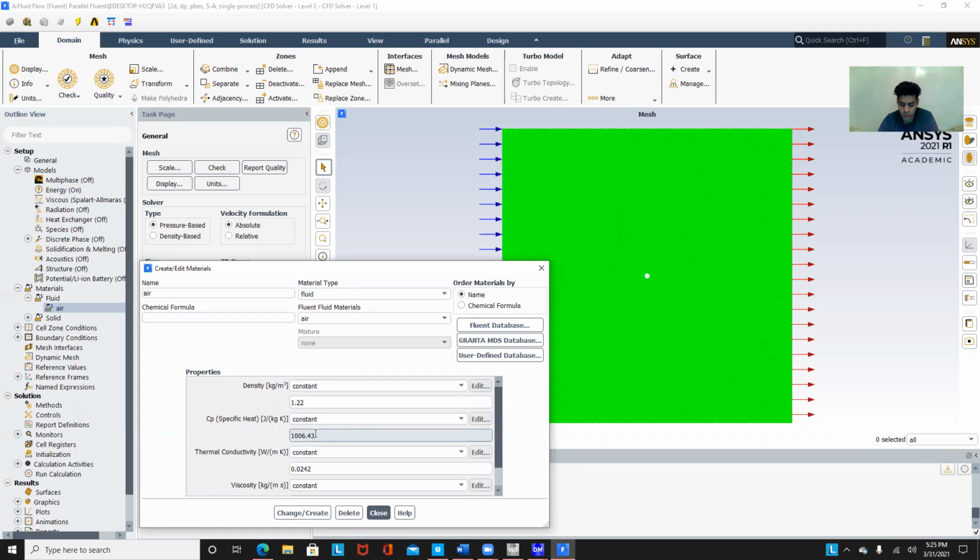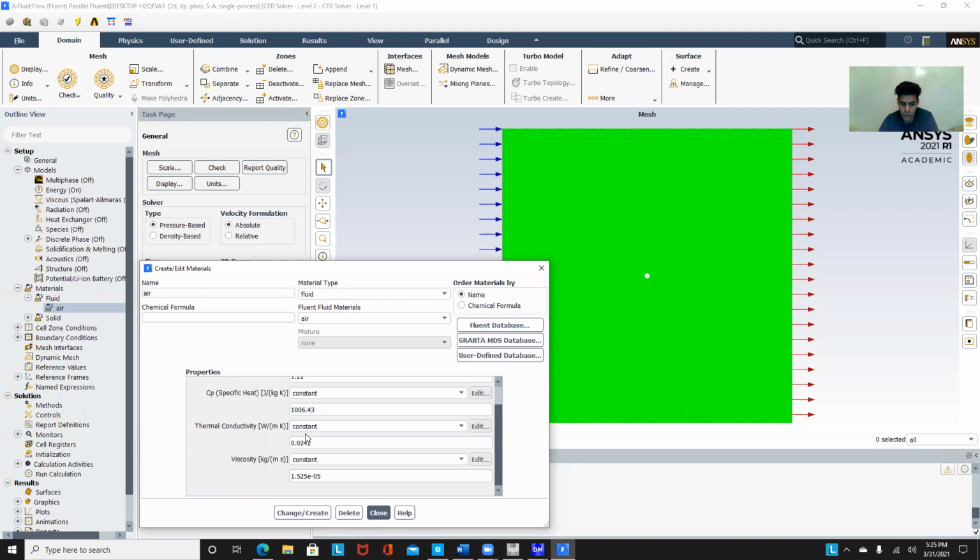So if I'm using my calculator right now, the velocity is 2 meters per second, the diameter is 1, the density is 1.22, and the viscosity is 1.525 times 10 to the power of minus 5. I'm getting 80,000. That's my number for Reynolds number.